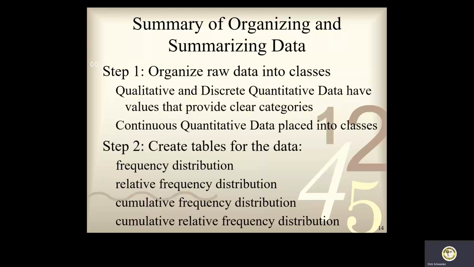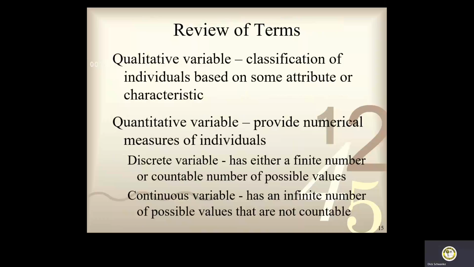So in summary, what we wanted to do was we organized the raw data into classes. We then created a table, actually a table that had 4 different pieces in it. That's section 2.2 and 2.3 in your textbook. And then we graphed them.